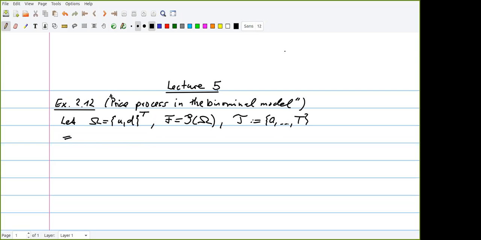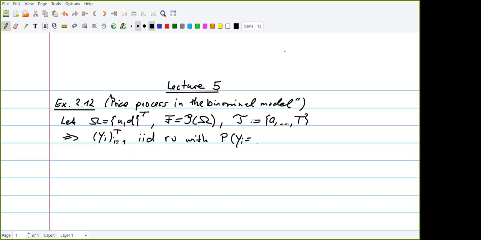Now, we want to construct the price process. For this, we consider ξ_1 to ξ_T, independent and identically distributed random variables. We want these random variables to take two values.